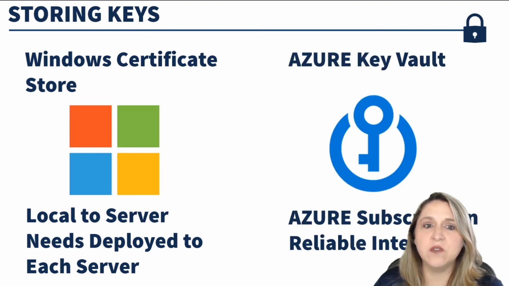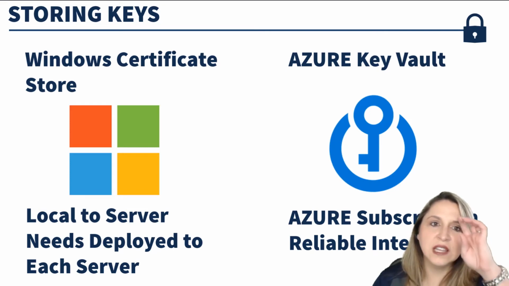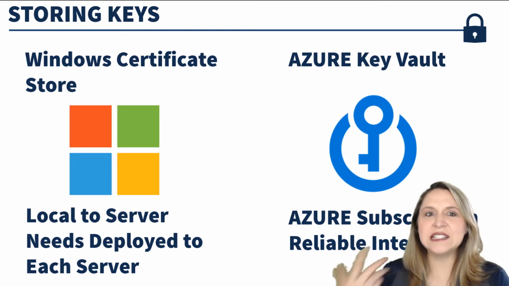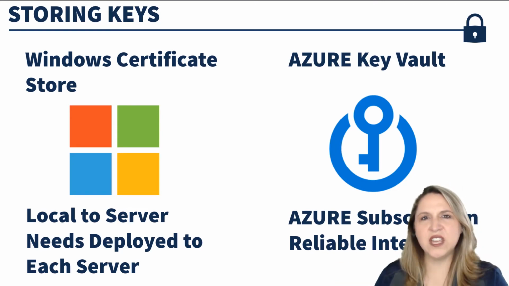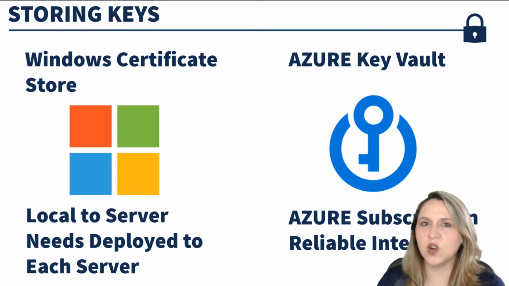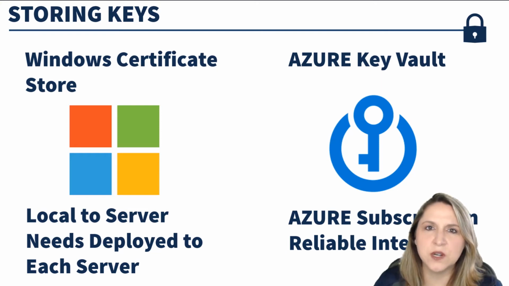Then we're going to have the Azure Key Vault. The Azure Key Vault is really my favorite. It gives a layer that allows your security administrator access to the Key Vault, and they can lock it down even from people like me, the database administrator. It's a great place to store passwords. It's a great place to store the actual keys for your Always Encrypted, and it's easy to set up.